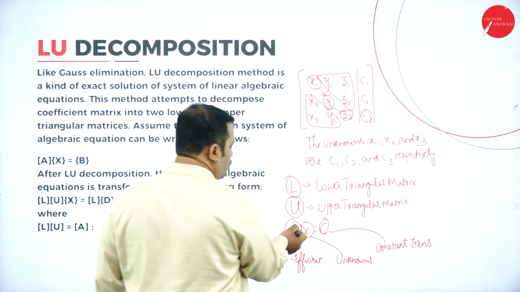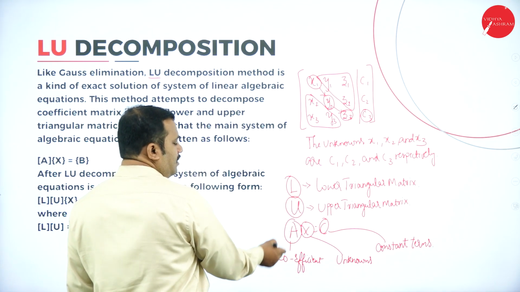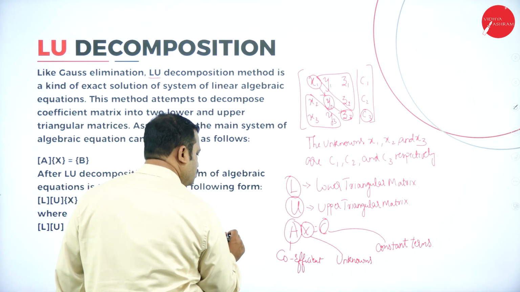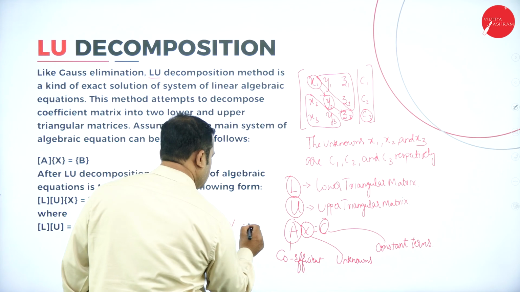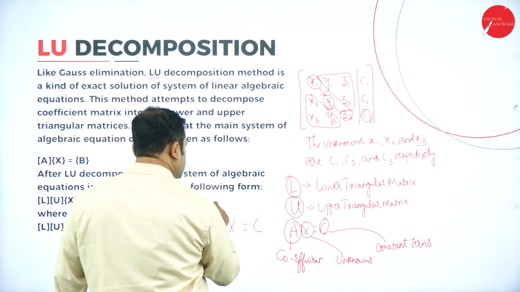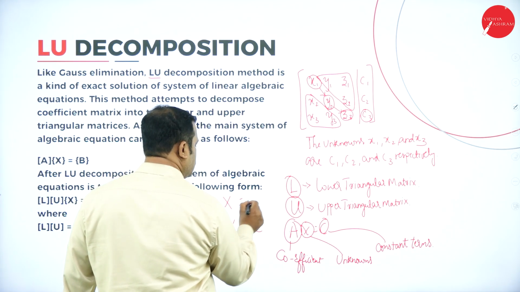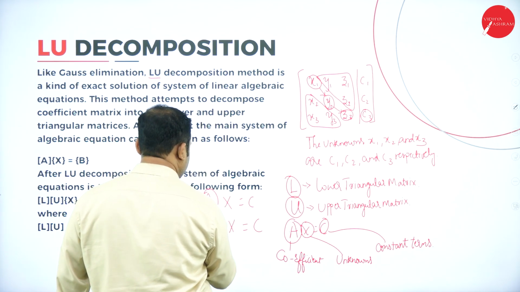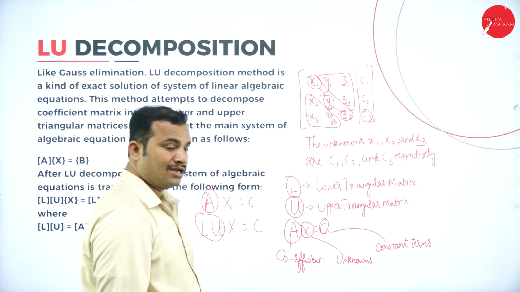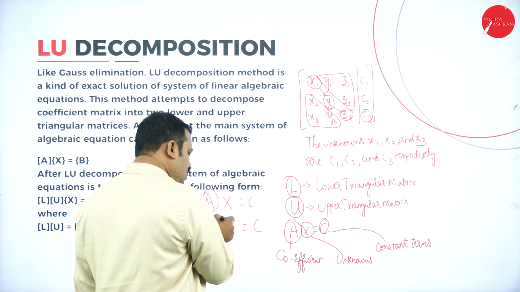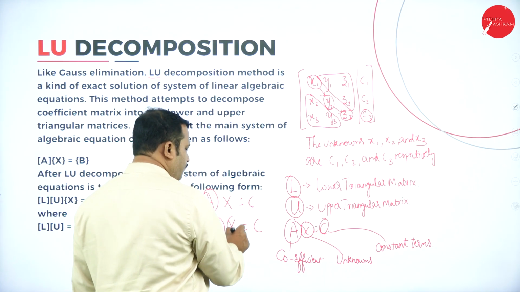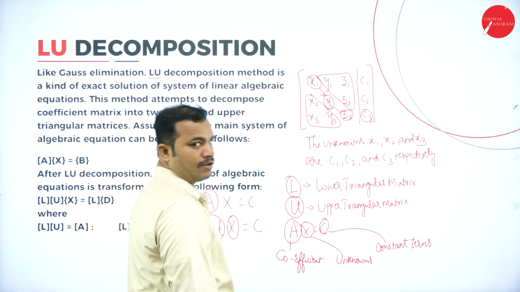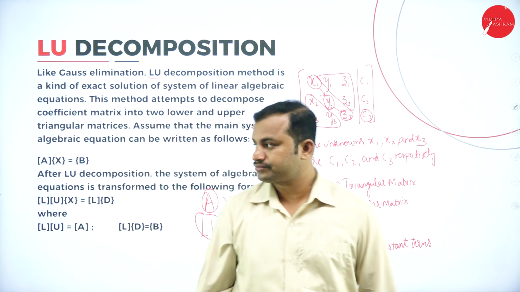So we have the coefficients A. In place of A, let me replace with LU, X equal to C. That is A into X equal to C. In place of A, I have LU here. So we have this operation here. By doing this LU operation, I will find the values of the unknowns, that is X, Y and Z.